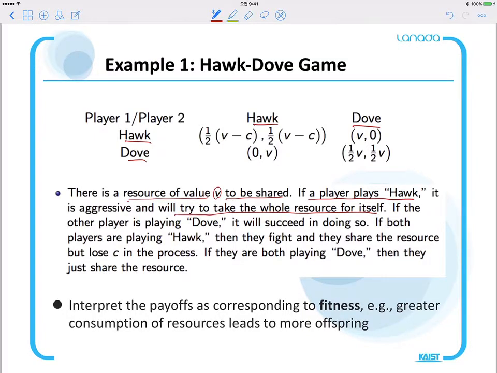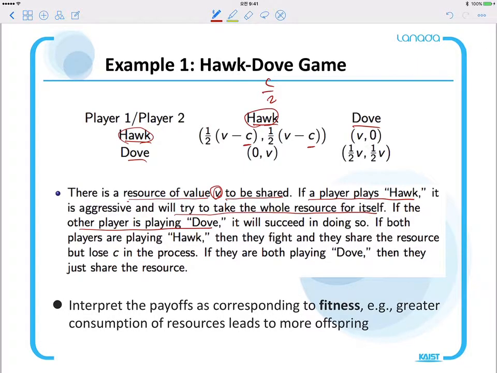And if the player is playing dove, dove is pretty much less aggressive than hawk, so its strategy is very non-wild in some sense. If both players play hawk, they are very aggressive and share the resource v, but they lose something because they're too aggressive. They lose c over 2 when both players choose the hawk strategy because they are too wild.